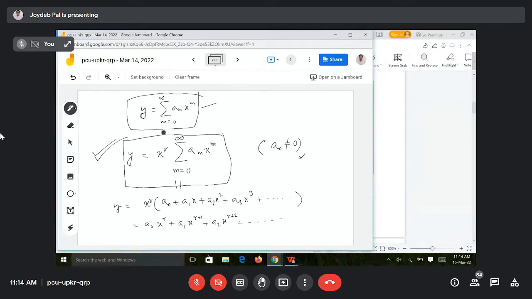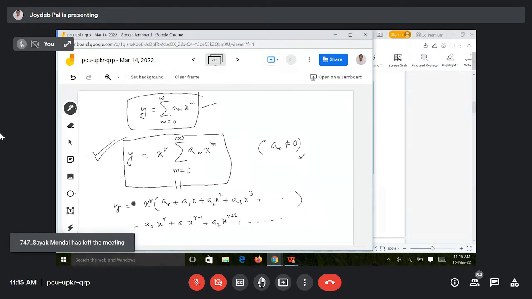Okay. So by Frobenius method, you have to take y is equal to x to the power r, summation m from 0 to infinity a_m x to the power m, be a power series solution where a naught is not equal to 0.